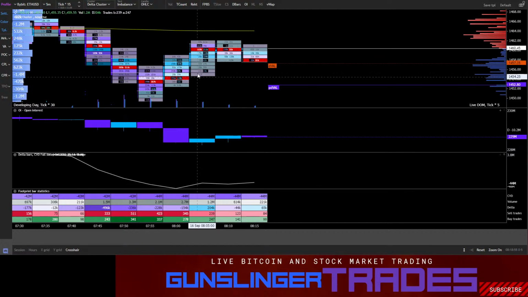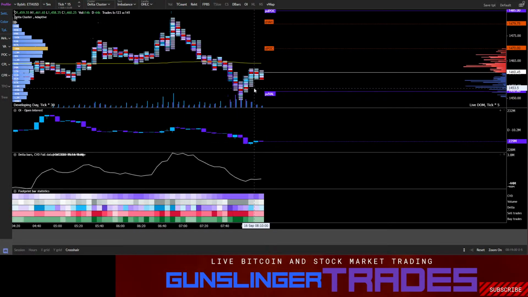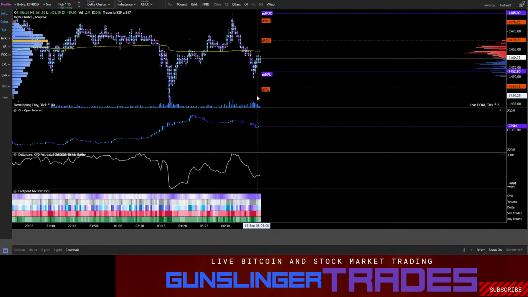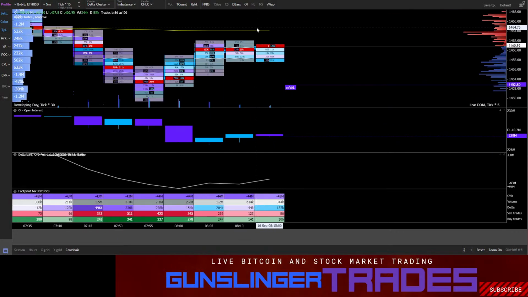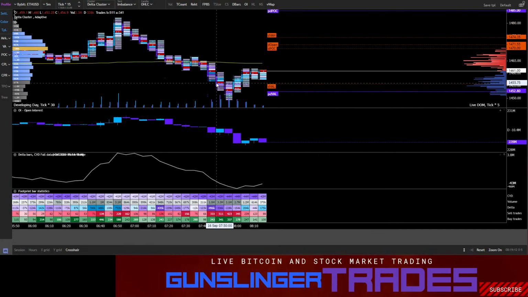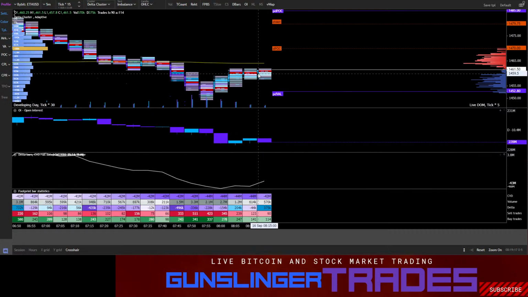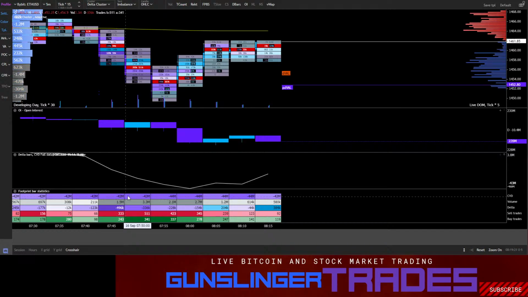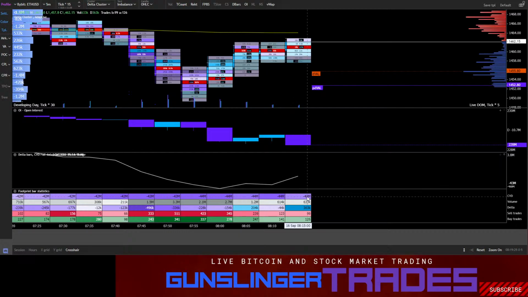Good amount of stacked imbalances. It's not enough to give me a long opportunity since we're just at the previous day value area low. Not really the best. Plus we're sandwiched in between the VWAP. But it's good to see that there's low amounts of volume transacted down here. Volume is decreasing on the footprint bar right here. But really I want to see more delta.